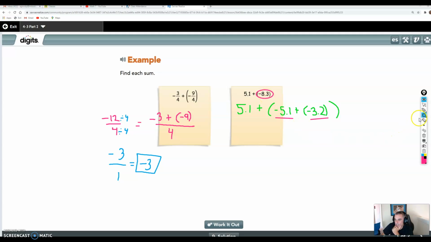But what I've done is I've created a pair of additive inverses, because now I have a negative 5.1 here and a positive 5.1 here. So I can regroup. I can say, okay, 5.1, and I'm going to regroup now, plus the negative 5.1. So that's one group, plus the negative 3.2.